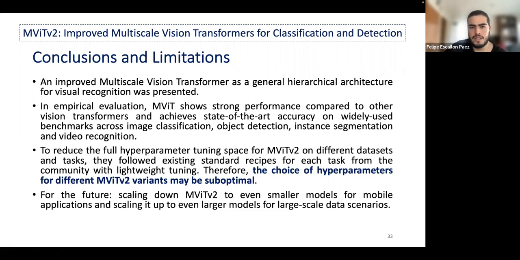And what is funny enough is that when they presented the first version of this transformer, they presented it as a solution for not using CNNs, because, for example, the detection transformer uses a CNN to extract features, but in this iteration, they do include the feature pyramid networks, but in the inverted way. So they use the transformers to extract the features, and they pass them to the network to apply the object detection.